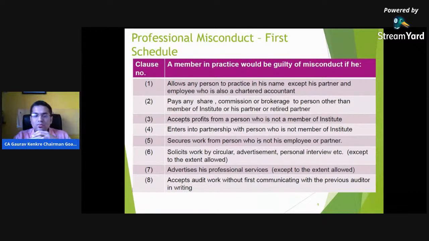If you accept work without first communicating with the previous auditor, in writing, so this is very essential. You need to communicate with the earlier auditor, talk to him, find out what has happened, why is he giving up the assignment, whether the client has been equitable to and fair to the earlier CA, and only then you should opt for taking such kind of assignments.